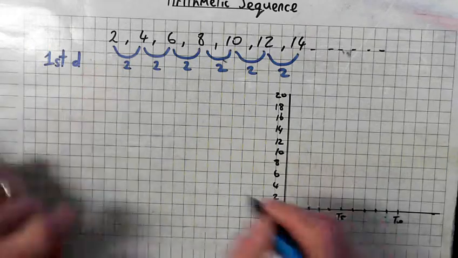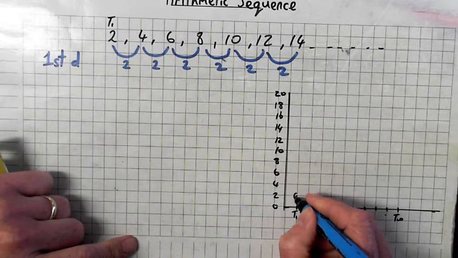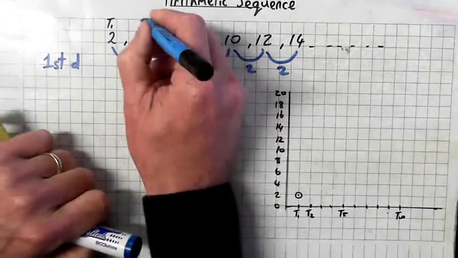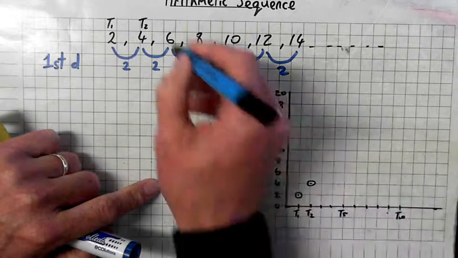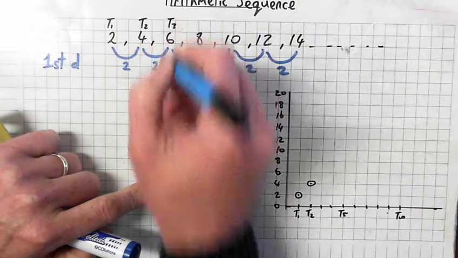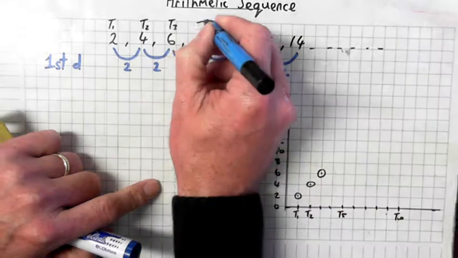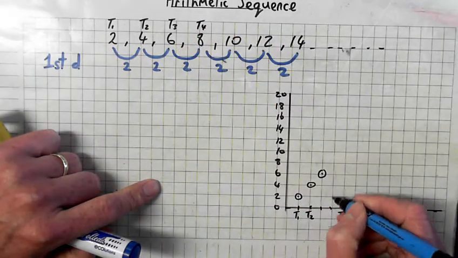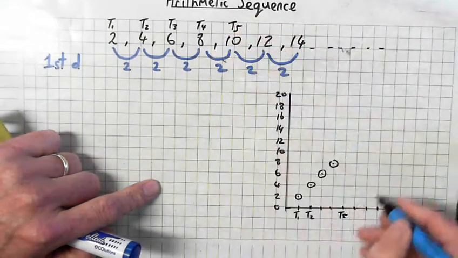Term 1 is T1. Term 1 is 2, isn't it? Term 2 is 4. Term 3 is 6. Term 4 is 8. Term 5 is 10.